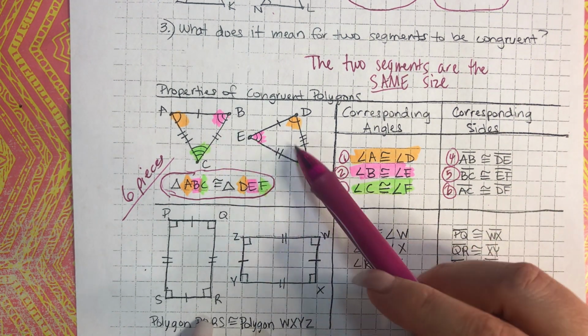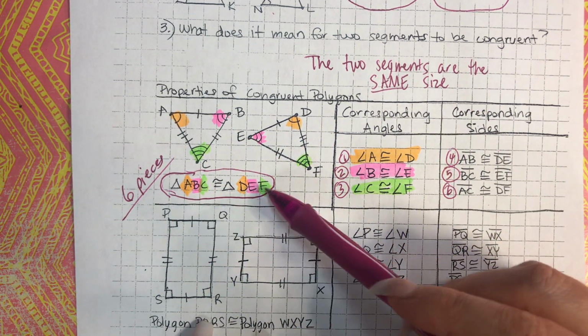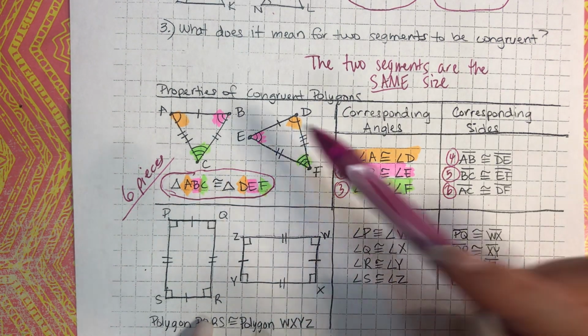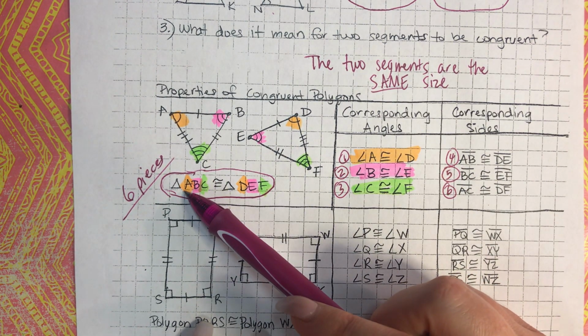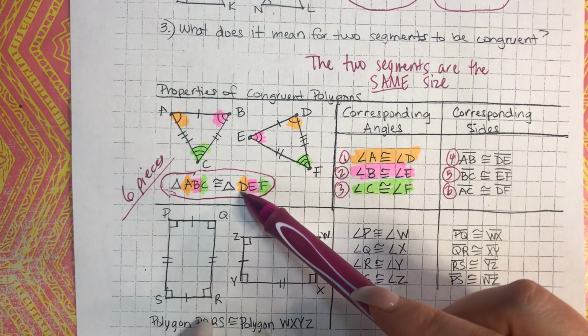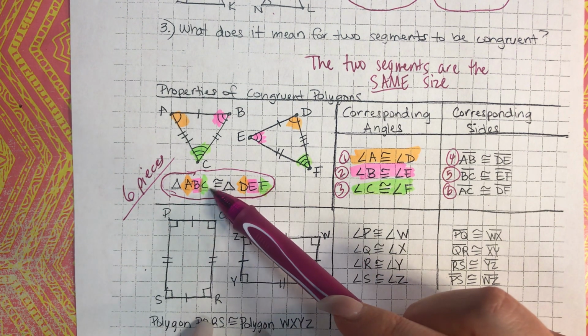So whenever you have 2 congruent triangles like this, you just can't write down these letters in any order. You have to make sure that whatever's congruent to A, you write that letter first. So A and D, you got to make sure whatever's congruent to B, you write that second. Whatever's congruent to C is written third.